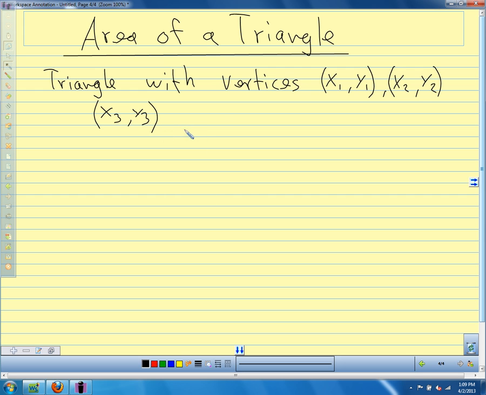The area of this triangle is the absolute value of 1/2 times the determinant x1, y1, 1, x2, y2, 1, x3, y3, 1.